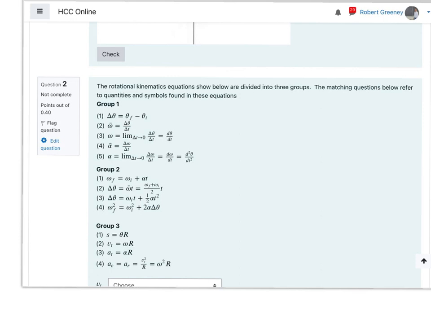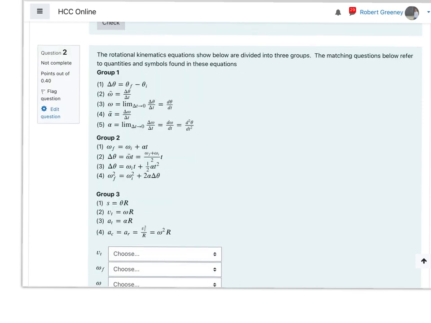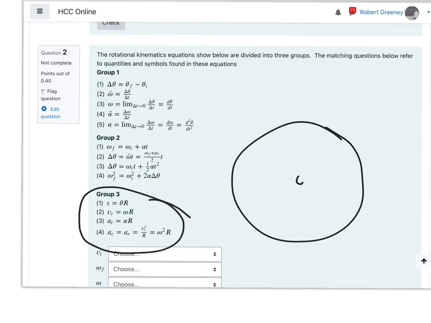And the last and important set of equations, well, they're all important, of course, is group 3, where we convert a linear and an angular quantity. And so this group of equations is used whenever we're converting a distance to an angular displacement or a tangential velocity to a rotational velocity. And you should know the examples.